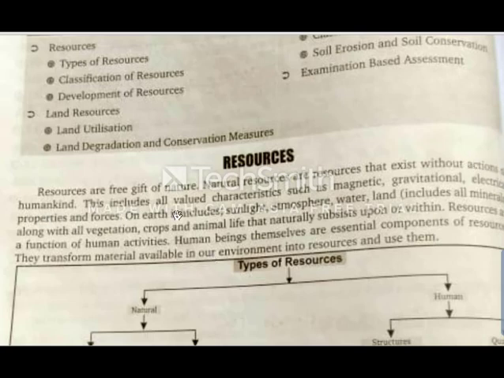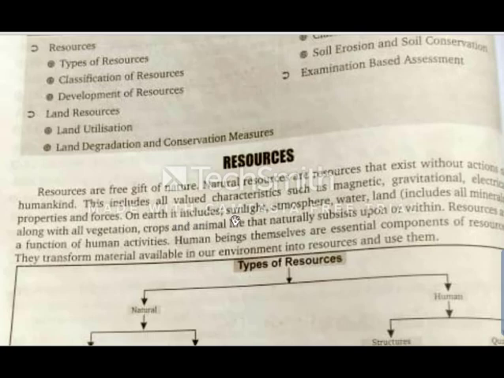This includes all valued characteristics such as magnetic, gravitational, electrical properties and forces. In this, all characteristics have been included, either magnetic or gravitational, electrical properties and forces, all having their own values and characteristics.